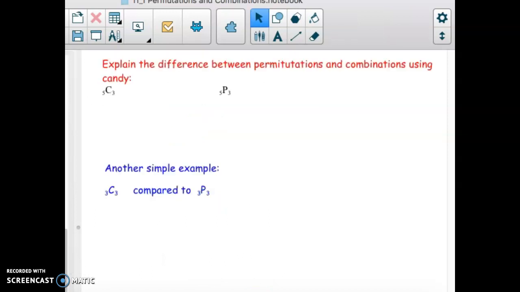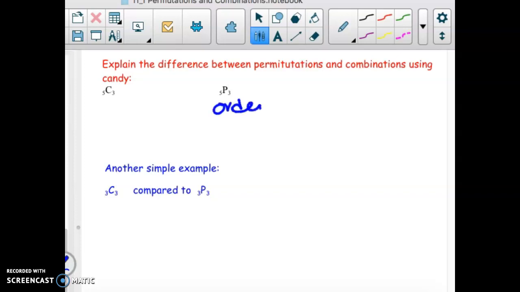All right. So looking at this, all right, why are they different? Because the order matters here and doesn't matter here, right?